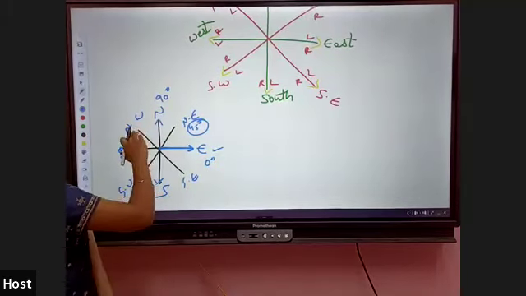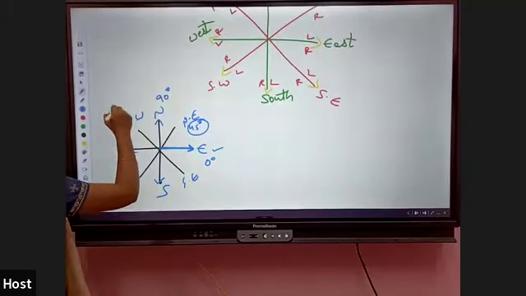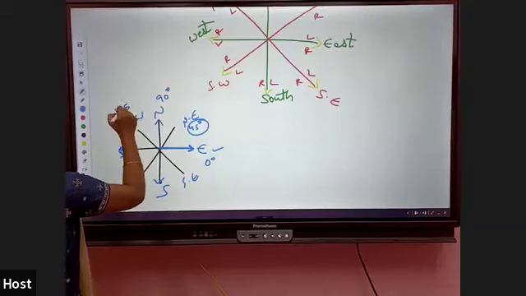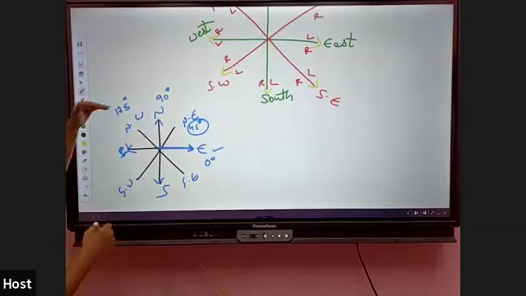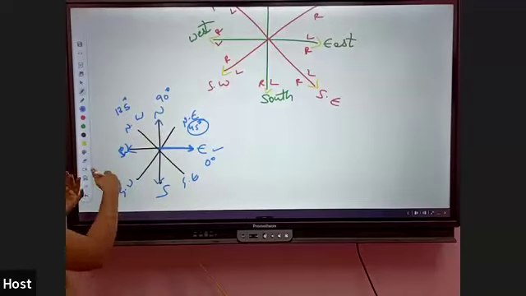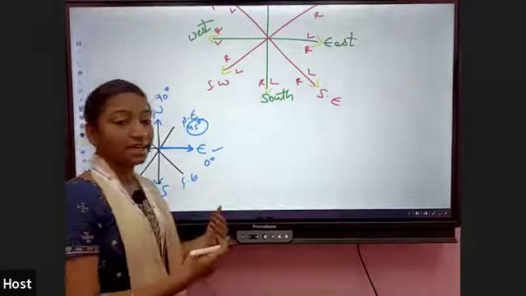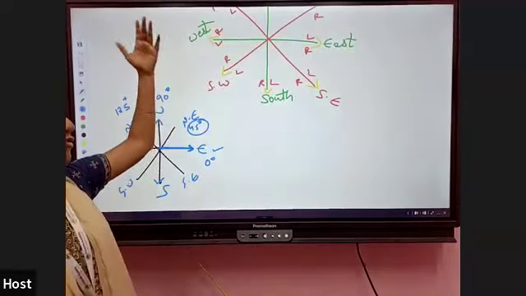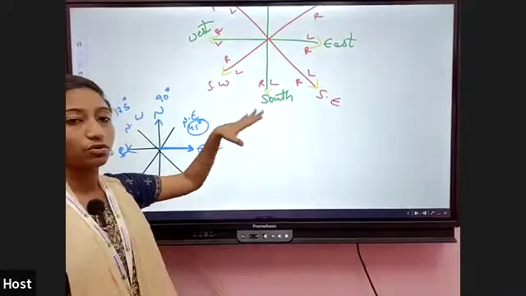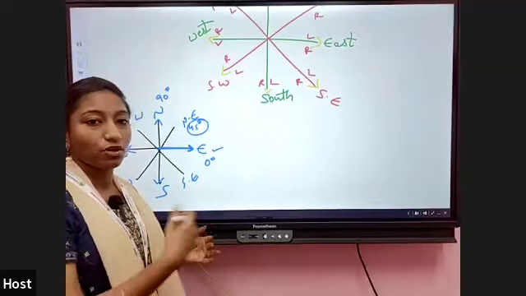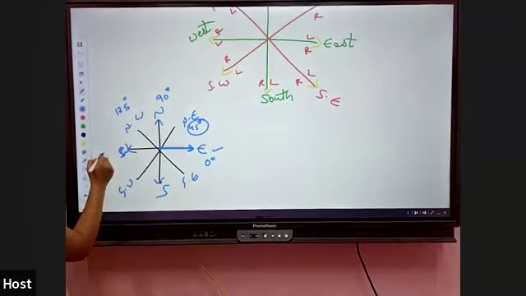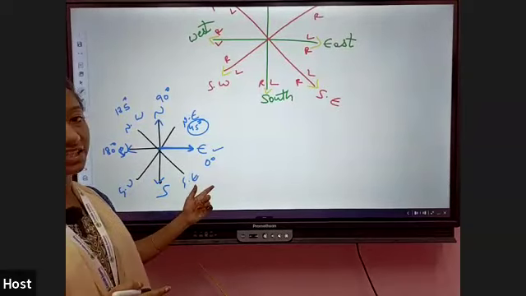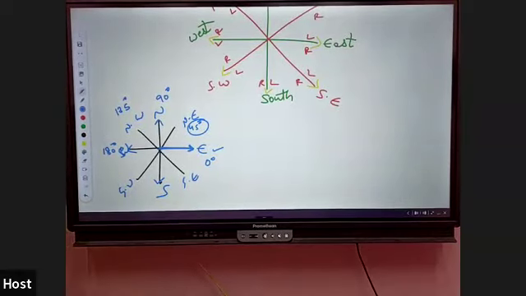Next, from 0 to northwest it is 135 degrees. And from 0 to the opposite direction: for east the opposite direction is west, for north the opposite direction is south. So the angle between opposite directions is 180 degrees. The angle between opposite directions is 180 degrees.